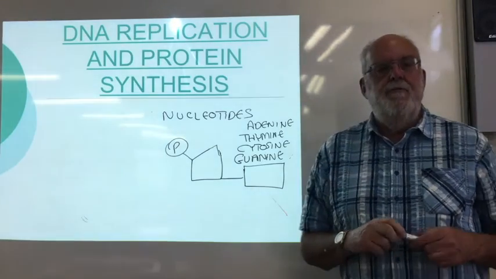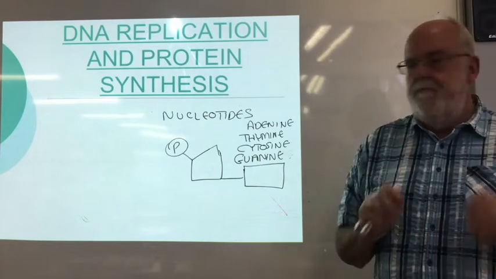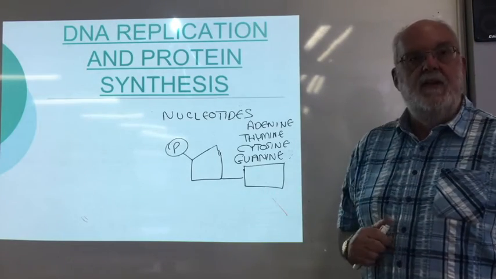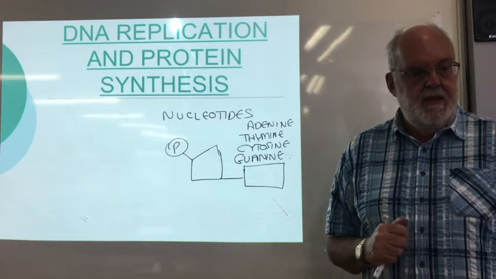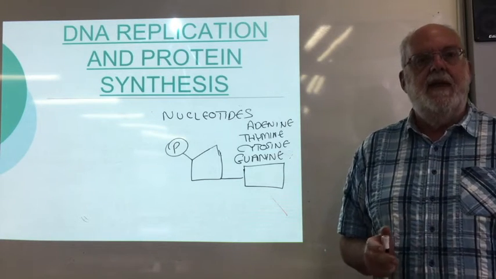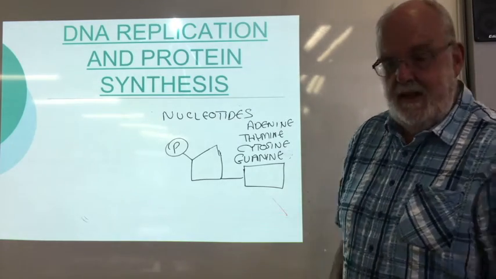So, before we go into the detail of exactly which base on one side of the ladder fits against which base of the other side of the ladder, let's look in simple terms at how the process of DNA replication actually takes place.